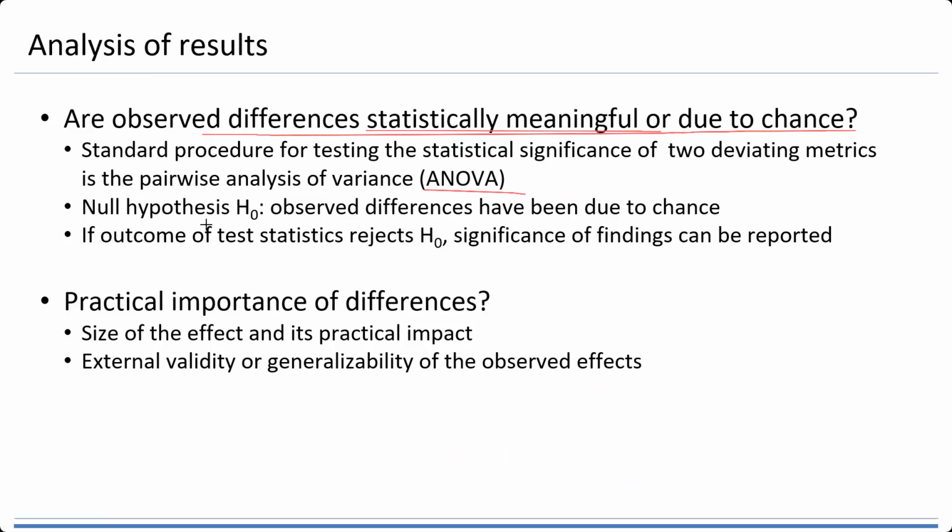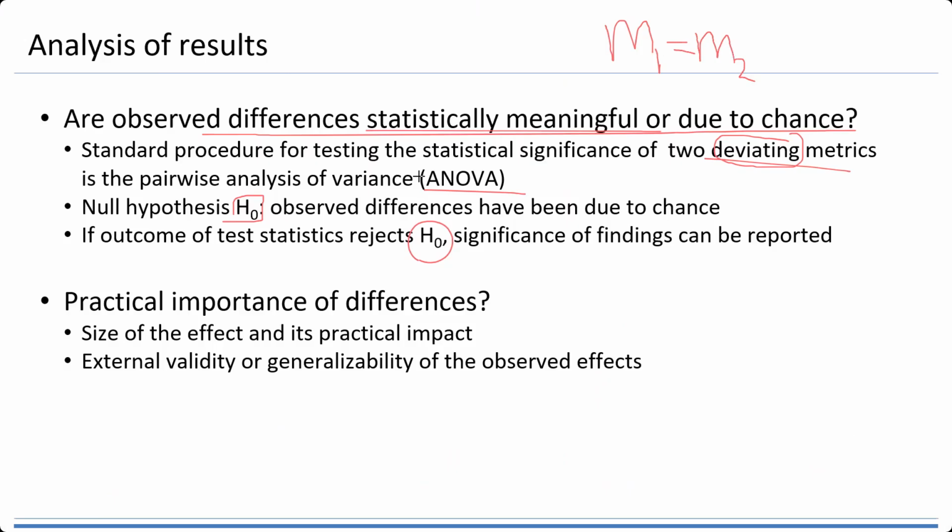Or you can use any statistical analysis with the null hypothesis being 0, and the alternate hypothesis. So if the metric deviates, metric 1 and metric 2, you can also look at metric 1 and metric 2.